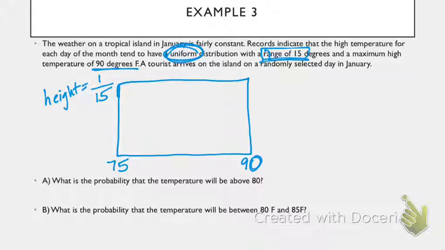And I don't know what decimal that is. 0.066 repeating. Let's try to keep it as the full decimal when we're solving. Okay, so now that we have it drawn, I want you guys to try parts A and B by yourself.